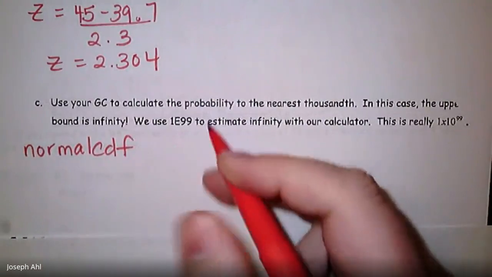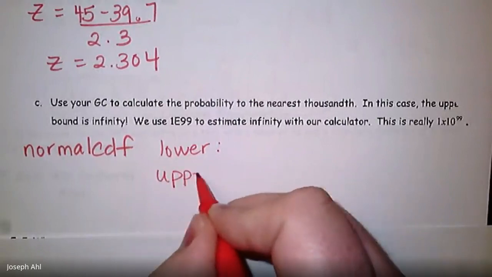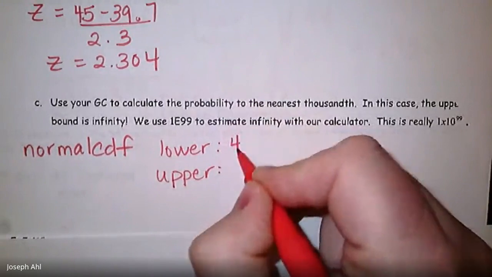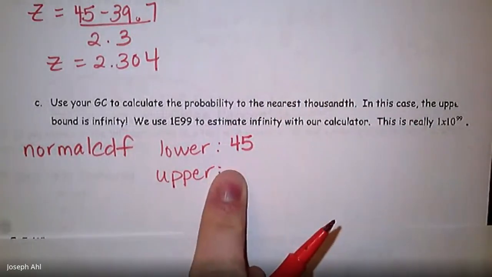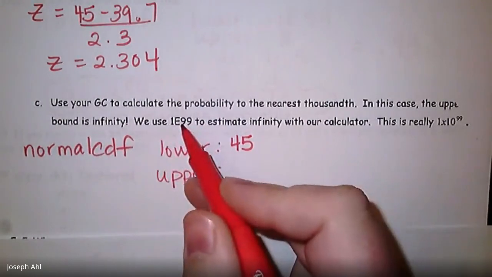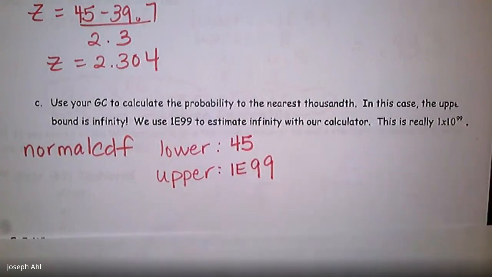But there's one catch to this. When we type in the lower and the upper bounds, we're starting at 45 seconds on our chart. But how do I tell the calculator that I want to go to the right forever and ever? What we're going to enter, and I'll show you the keystrokes on the calculator, is something that looks like this: 1E99.